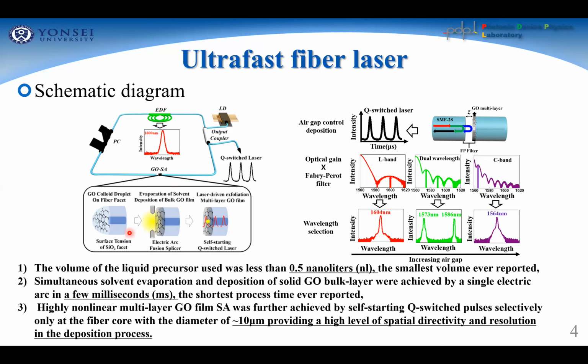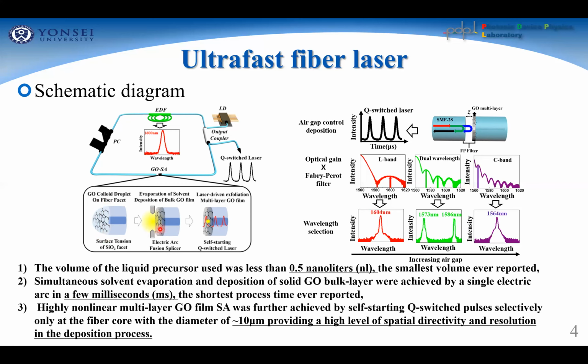I use a graphene oxide solution with a very small size of graphene oxide, and I successfully made a very thin film. So we immerse the optical fibers in the graphene oxide solution like this.